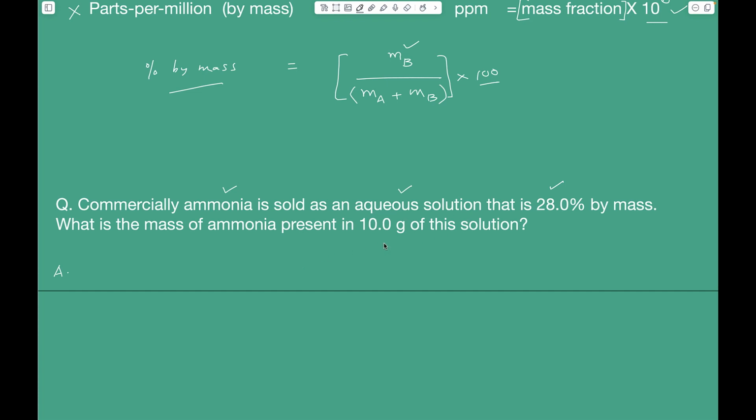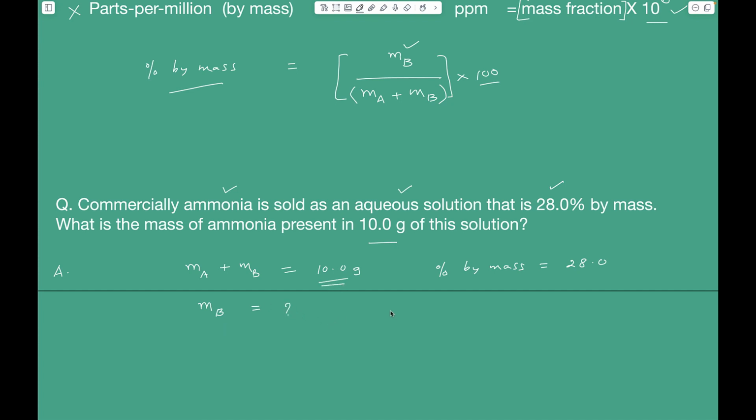Now, we are given the mass of the solution, that is MA plus MB. It is given as 10 grams. And also we are given the percentage by mass of this ammonia solution. It is given as 28. Now, we have to figure out the mass of the solute, that is the mass of ammonia present in this solution.